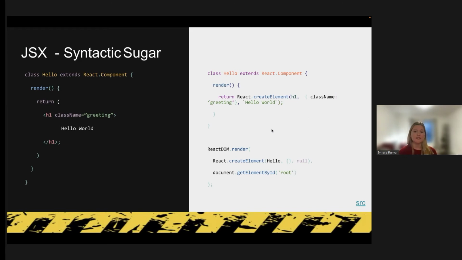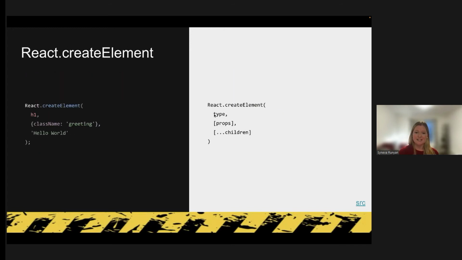Of particular interest to us in this example is the use of the create element API. The create element API takes in a type, props, and children. In our example, the type right here is H1, and there are no properties.